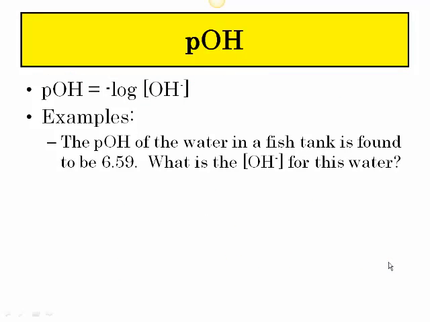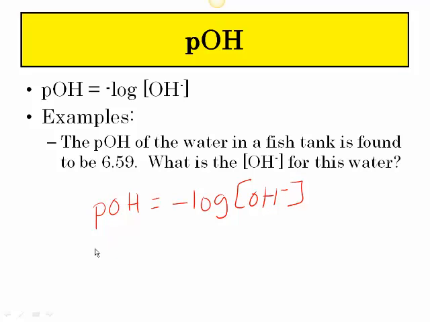Alright. And so we're going to do the same thing for this one with the pOH. So it's the same equation, except for pOH, right? The equation is written at the top, but I'll just go ahead and write it again so it's real clear what equation we're using.